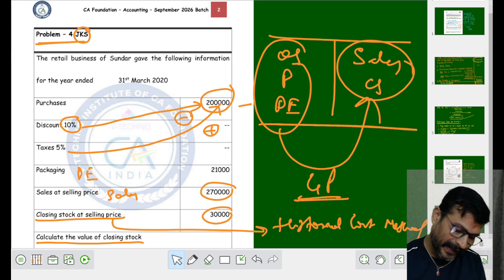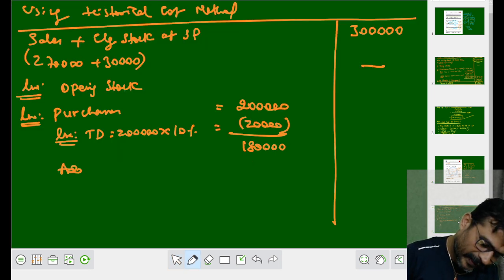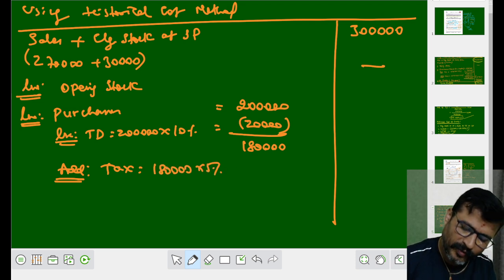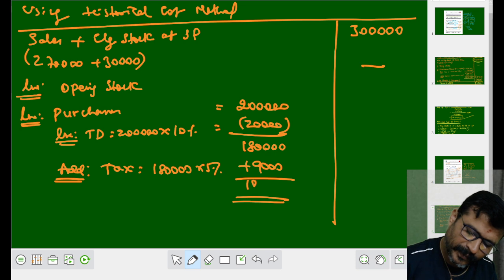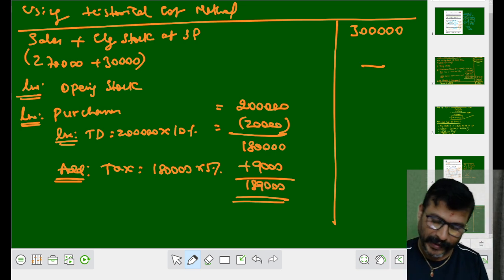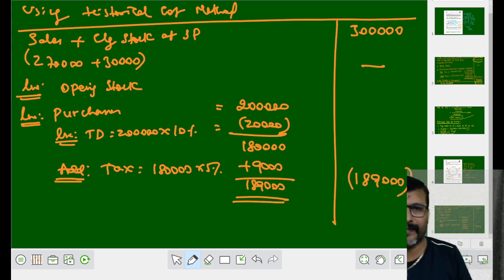Afterwards, what is there? Tax. How much percent tax? 5%. So we have to add tax. On what? 1,80,000 into 5%. It comes to 9,000. When you add both, we get a total of 1,89,000. This 1,89,000 is to be subtracted out of your net sales.